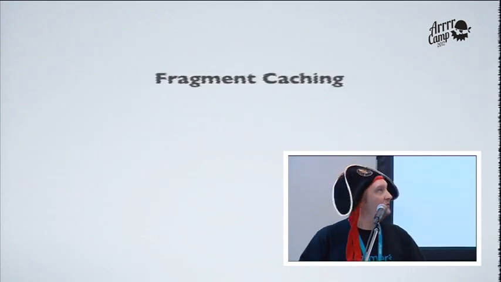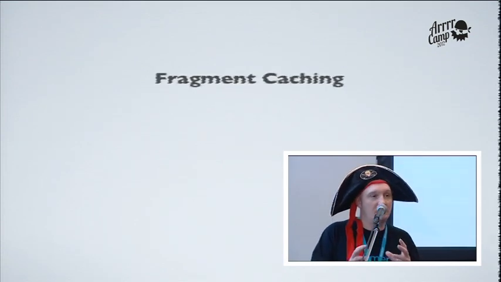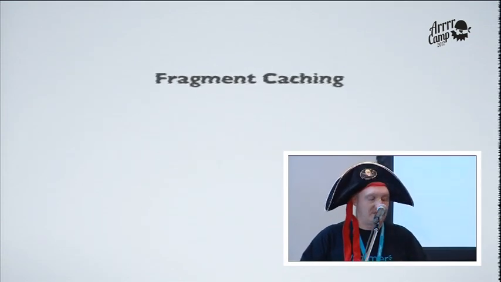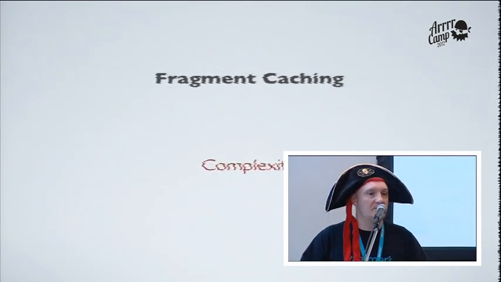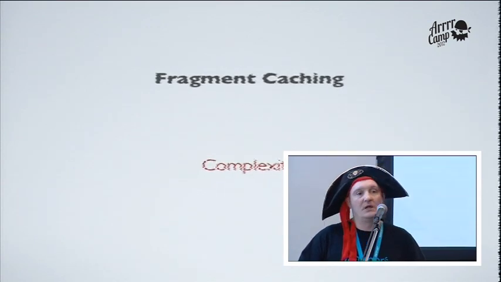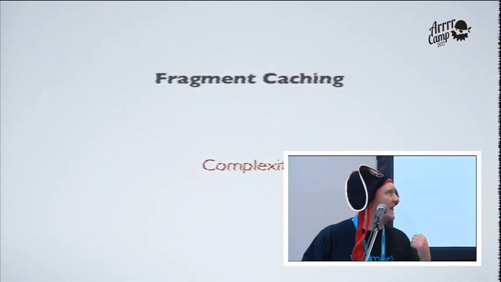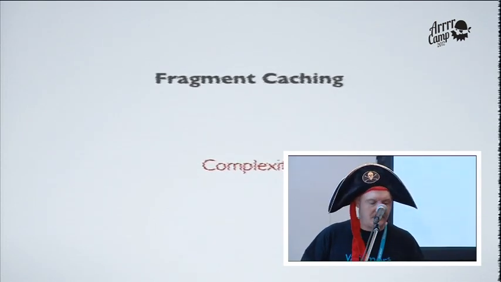Then we have a pretty cool feature in Rails, which is fragment caching, where we can cache part of the code where we want, but it adds some complexity. And when your application grows, you already have big complexity through models and controllers. So we don't really want to add another complexity layer on top of that.